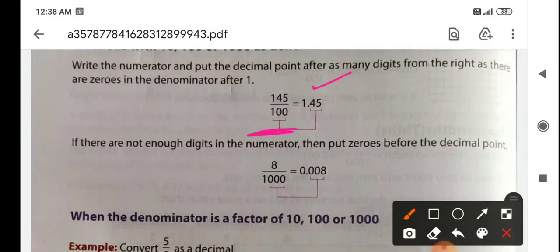Okay, here 2 zeros are there, so we put one decimal point before 2 places. Okay, here 3 zeros are there, so we put the decimal point before 3 places. Okay.